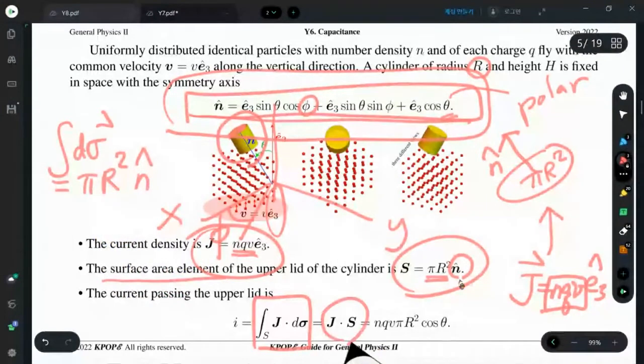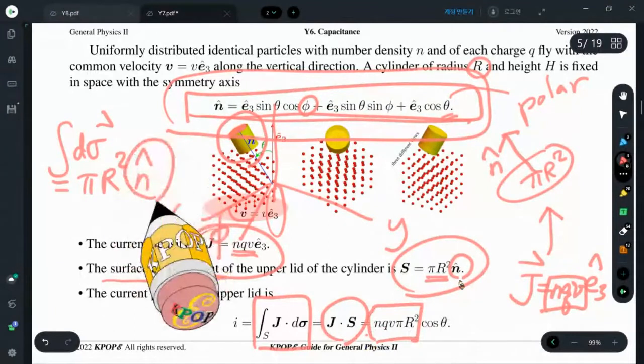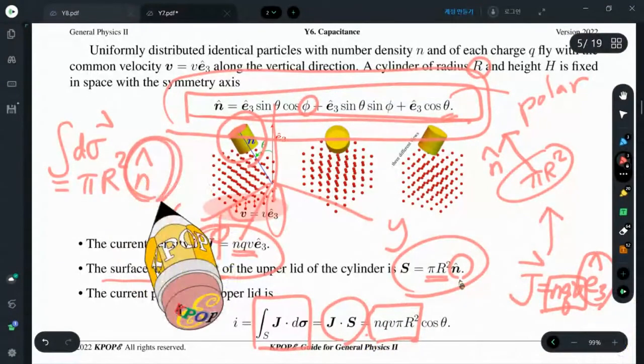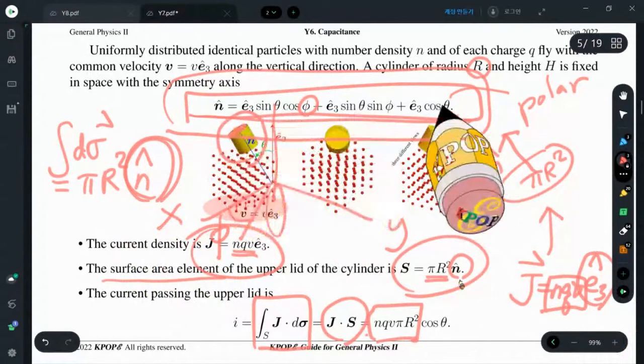The question is now J dot the area vector, and this one is already obtained, but there is an angle between e3 hat and n hat.